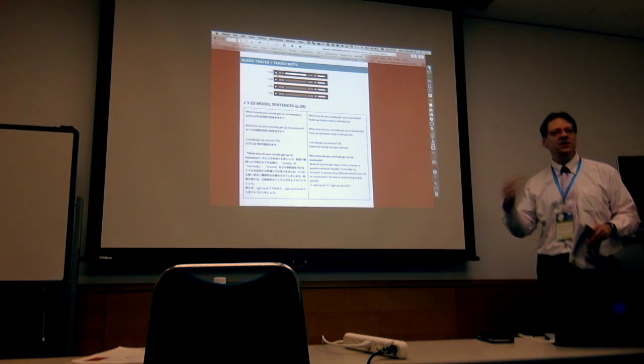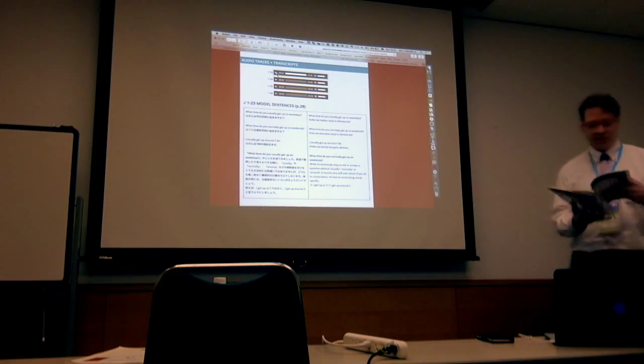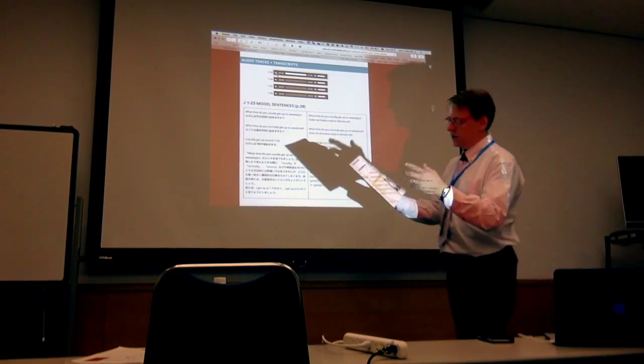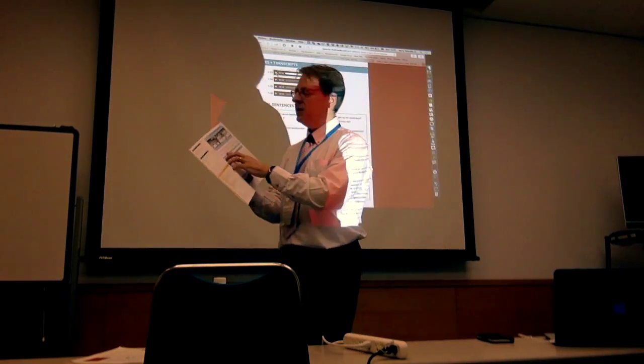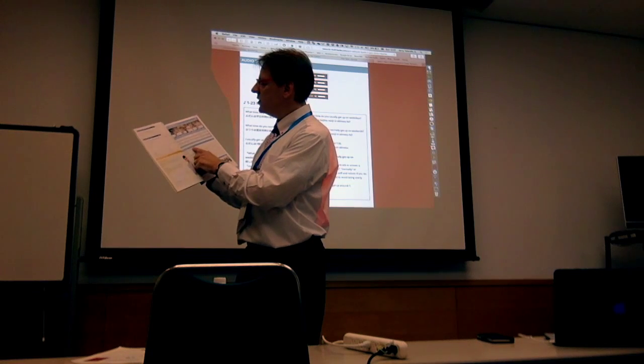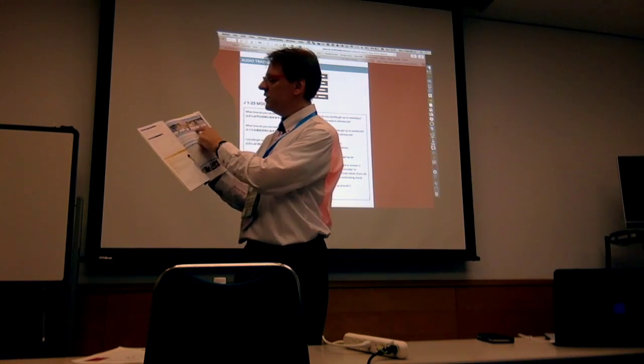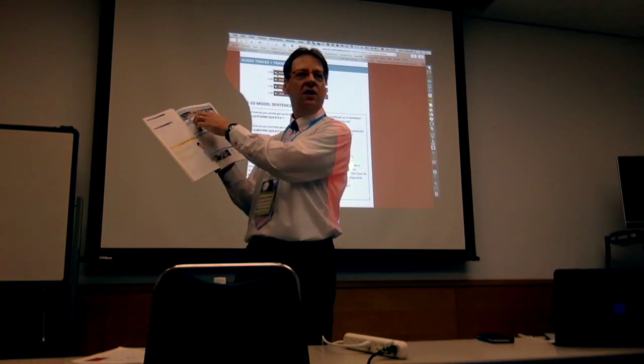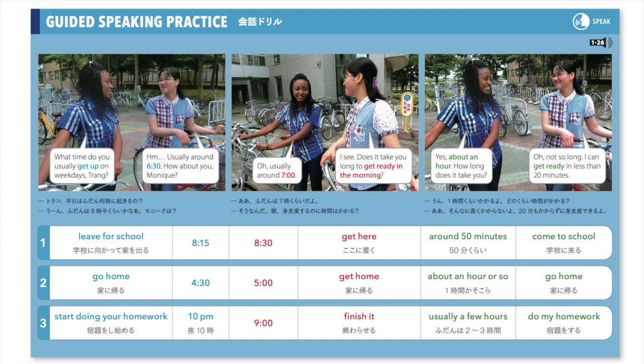So this is a kind of thing that you can focus on. They listen to the explanation, practice that, and then in the next drill, you can see that the model sentences and this strategy are exemplified in this dialogue, along with a number of substitution vocabulary.